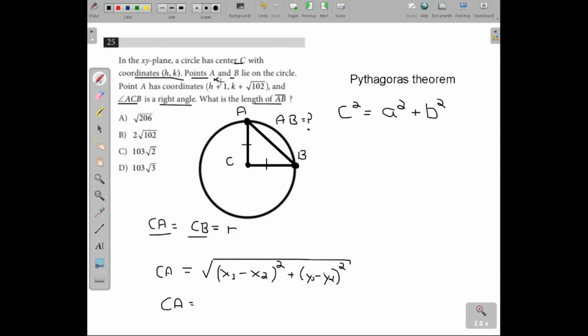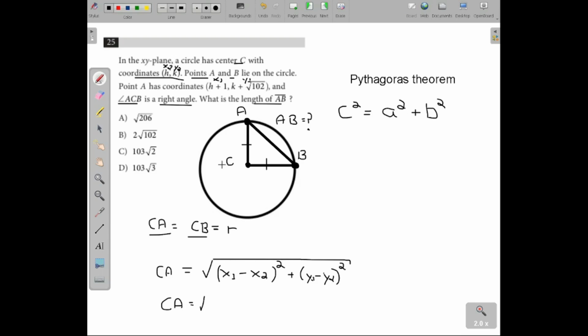H plus 1 will be equal to x sub 1, and k plus square root of 102 will be y sub 1, and h will be x sub 2, and k will be y sub 2.